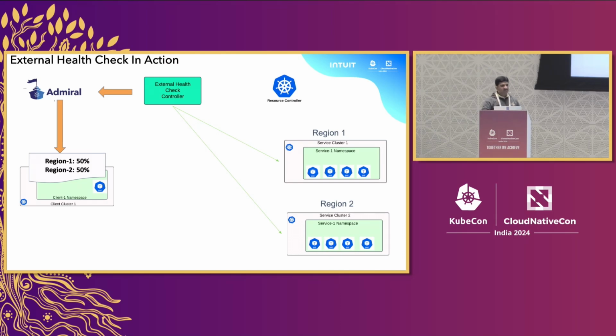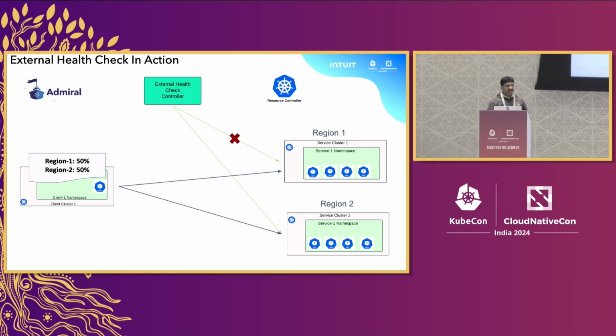Admiral also is aware of all the clients and where they are sitting. So it configures all the clients of this particular service with the appropriate traffic topology, which is 50% to one region and 50% to the other. So this is how the requests will go once the traffic topology is made 50-50.